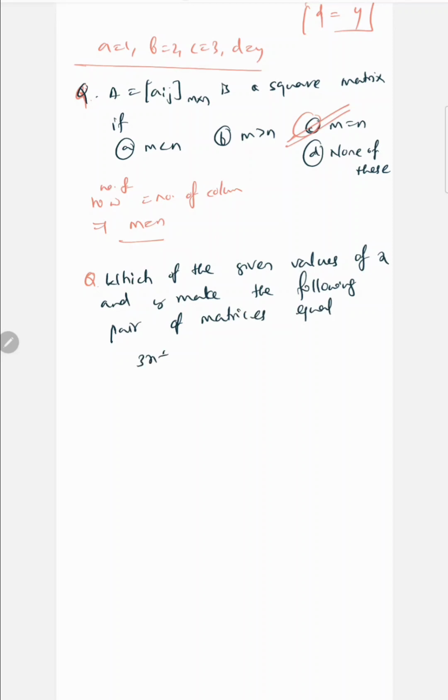The first matrix is [3x plus 7, 5; y plus 1, 2 minus 3x] is equal to [0, y minus 2; 8, 4].